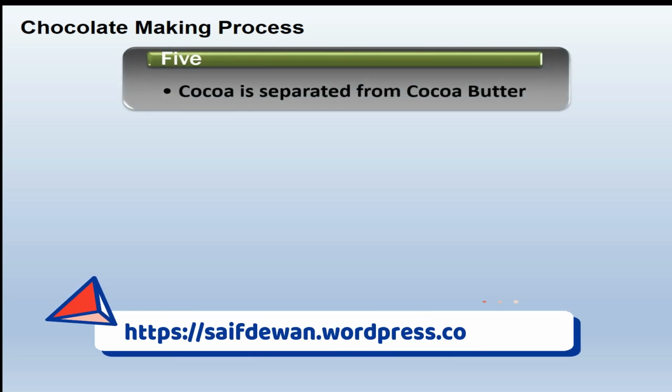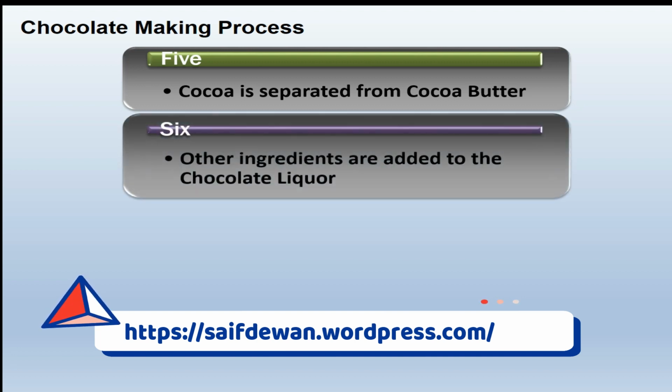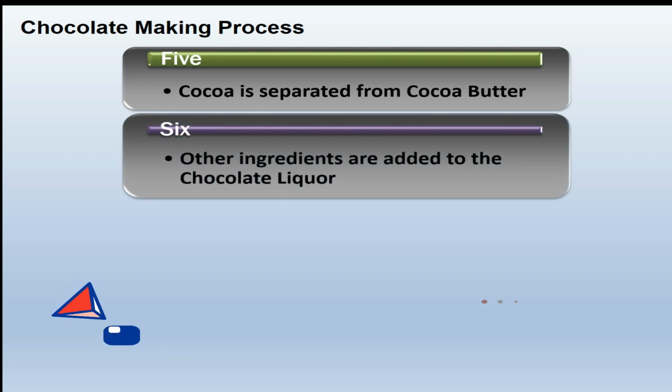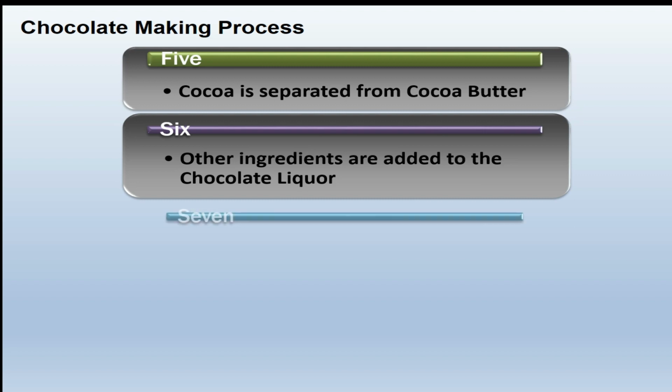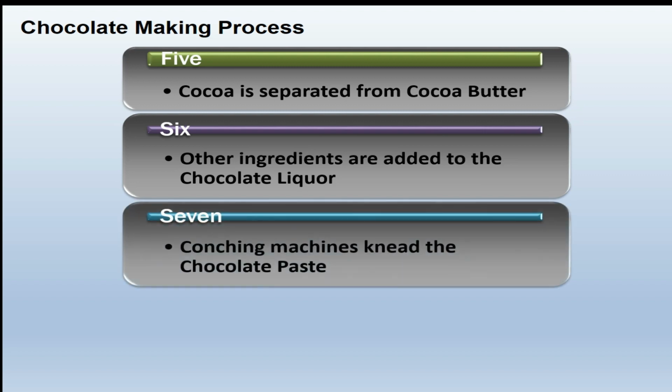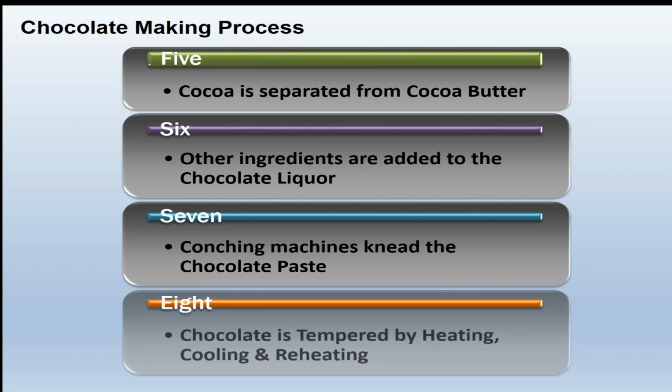Step 5. Cocoa is separated from cocoa butter. Step 6. Other ingredients are added to the chocolate liquor. Step 7. Conching machines knead the chocolate paste. Step 8. Chocolate is tempered by heating, cooling and reheating.